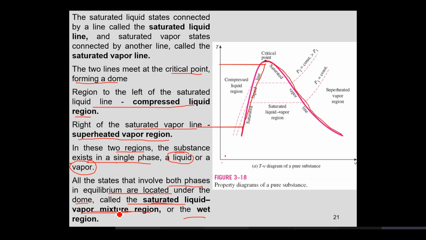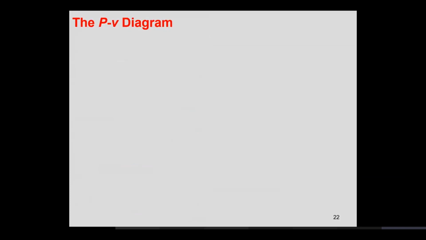So moving on, we have seen the temperature specific volume diagram or the dome. Now we need to understand how this diagram is different from the pressure specific volume diagram. So let's start with the process.